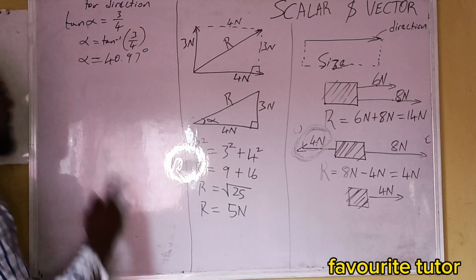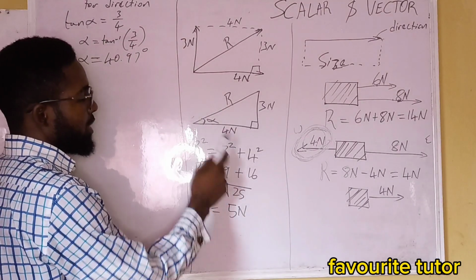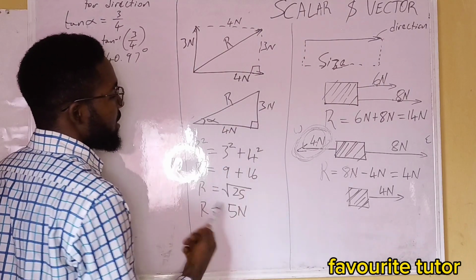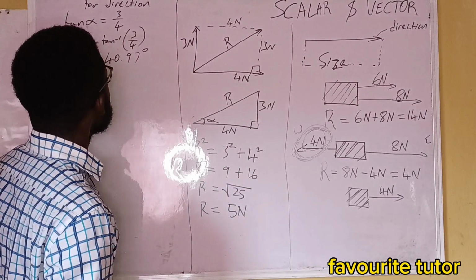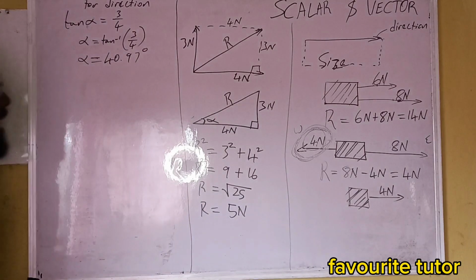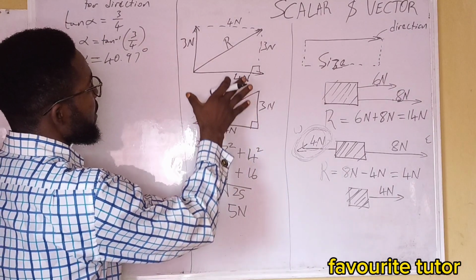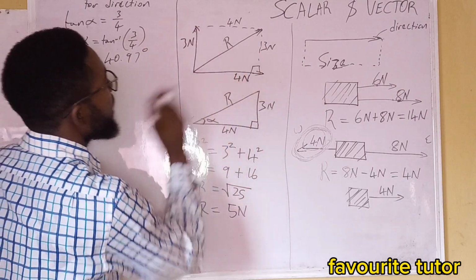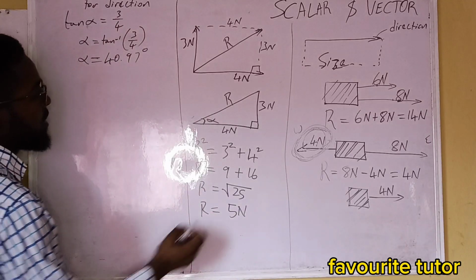This is the direction. Just like when you are looking for direction, you have the opposite and the adjacent, so you use tan. So that's for vectors when they are perpendicular to each other, creating an angle of 90 degrees.